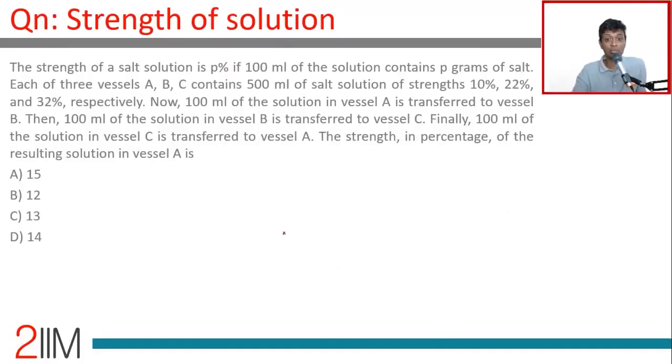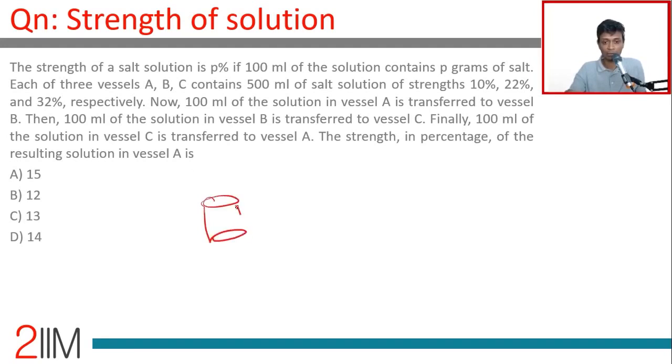The percent of a salt solution is P%. If 100 ml of the solution contains P grams of salt. Each of the three vessels A, B and C contains 500 ml of salt solution of strengths 10%, 22% and 32% respectively.